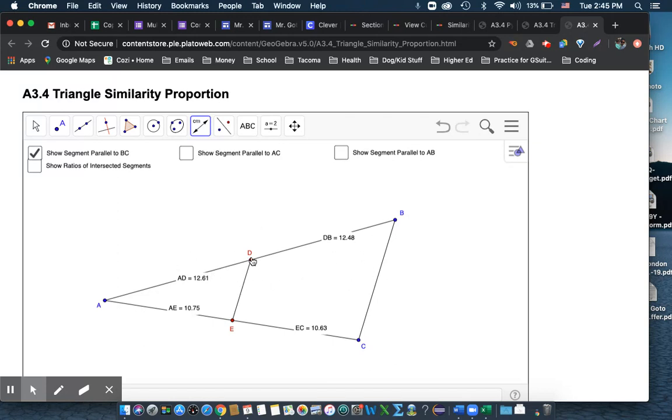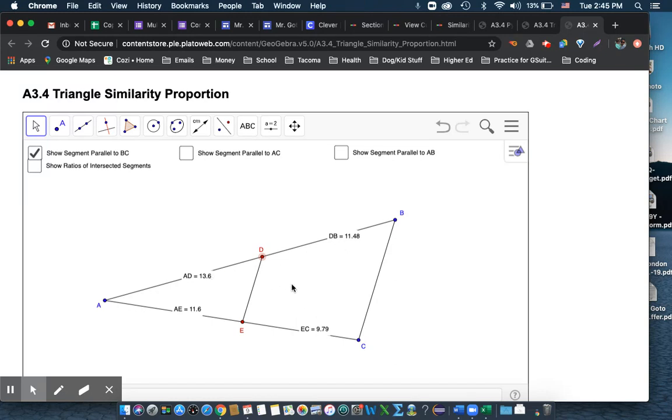You're going to have to do a little calculating on your own. Notice as I move these around, those lengths are changing. If I did a left over right, then 13.6 over 11.48 should be equal to 11.6 over 9.79.